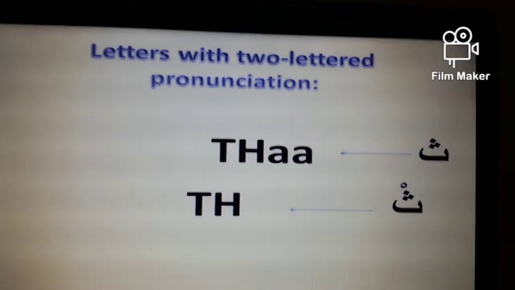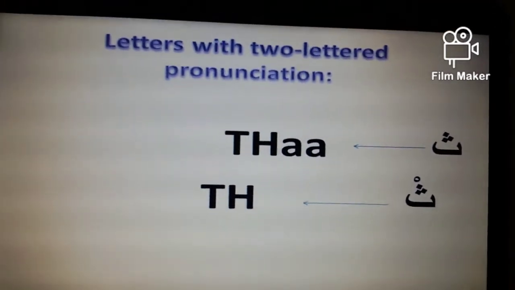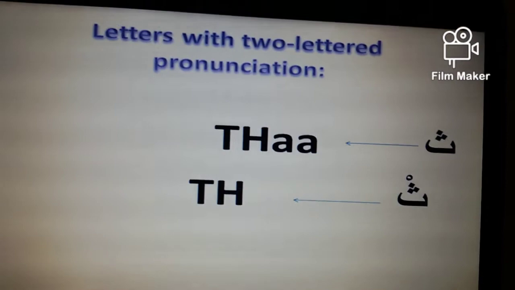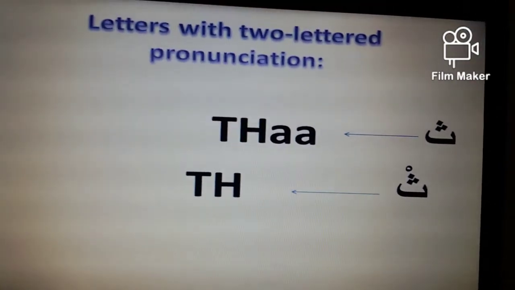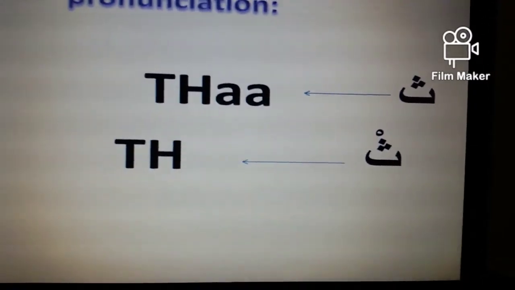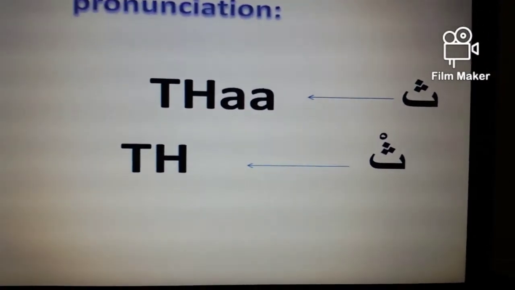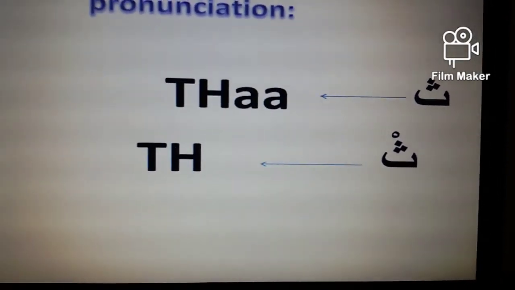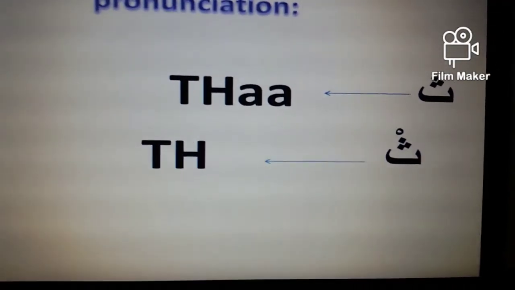So let's see some of the letters where we take the first two letters to pronounce it in a consonant form. That's the letter tha. The name of that letter consists of th and a double a.